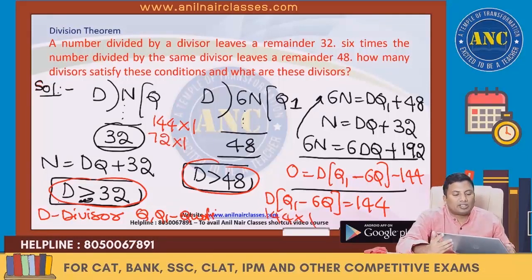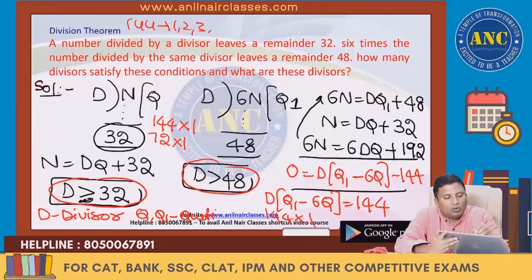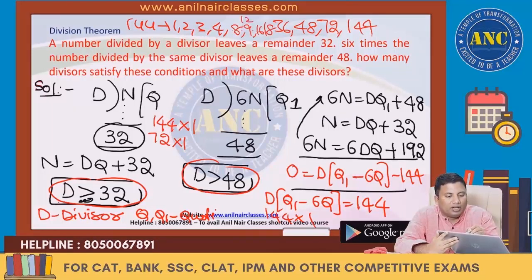What are the factors of 144? Factors of 144 are 1, 2, 3, 4. Or I will write: 144 ones are, 72 twos are, 48 threes are, 36 fours are, right? 18 eights are, 16 nines are, 12 twelves are.